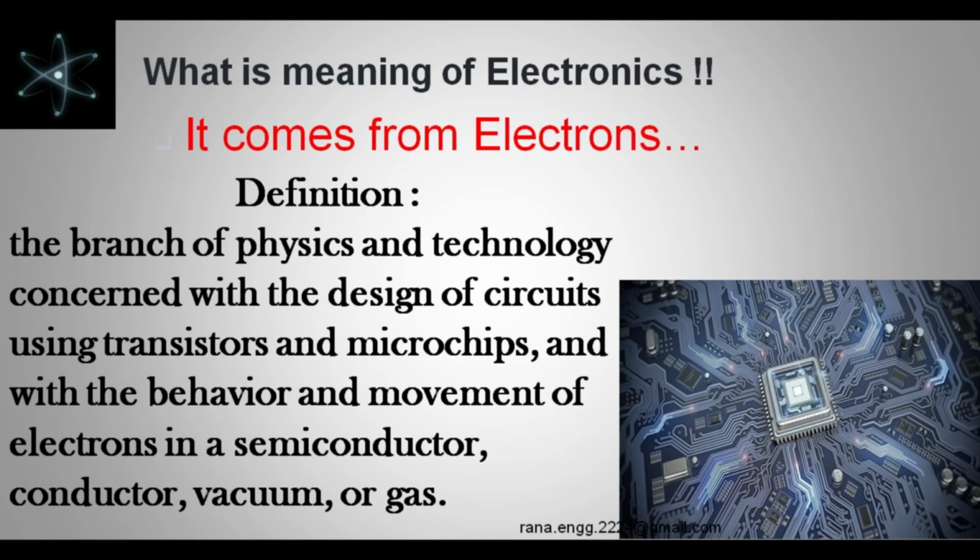So, the most important part in present-day electronics is semiconductors, because we make transistors using semiconductors. Along with this, the study of electrons in semiconductors, conductors, vacuum or gas is also electronics. We have to discuss all those things.